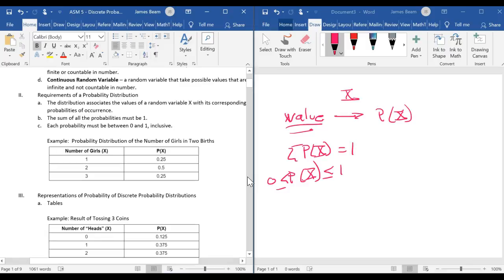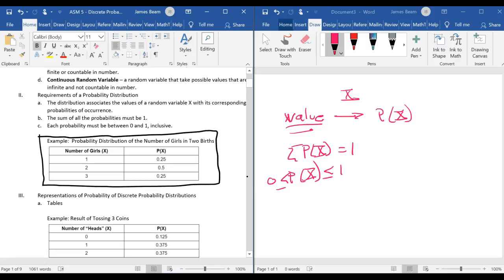And if you look, I gave an example in the notes here, a simple probability distribution with the possible values of X. Wow, that's not right. That has to get changed because that should be 0, 1, and 2 in 2 births, right? The number of girls in 2 births should be 0, 1, or 2. So I'll fix that in the notes.